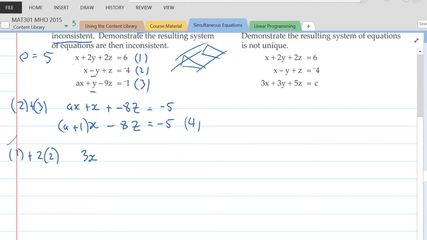That plus that is going to cancel out. 2z plus 2z is going to give me 4z. And 6 plus minus 8 is going to give me minus 2. Now I've taken a shortcut with that by doing two things at once, but it's probably worth writing the equations out. Okay, and I'm going to call that equation 5.